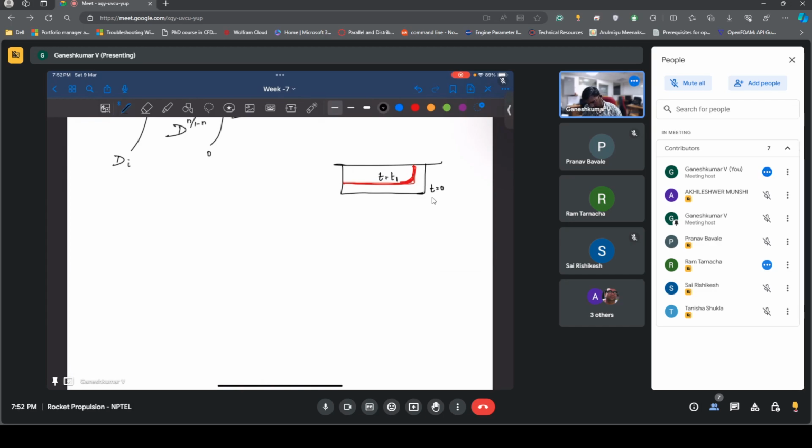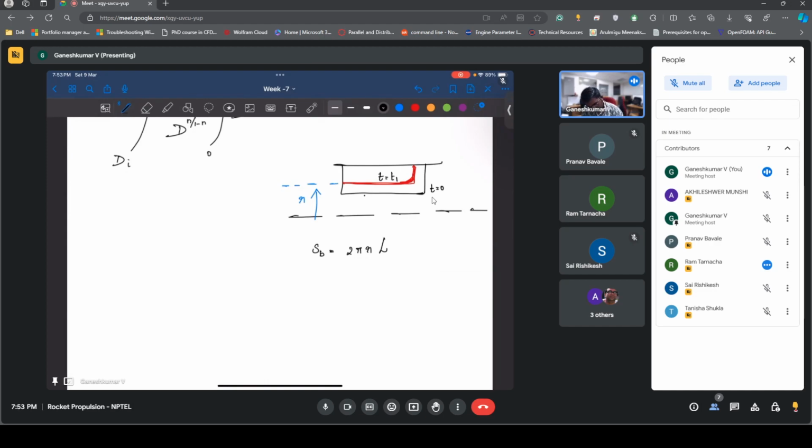Now the burning surface area, let me draw a coordinate, then it will be easy to understand. This is the surface, this is R. So the burning surface area is going to be pi into D, or let's write it in terms of 2 pi R into L, where this L is going to keep on changing.